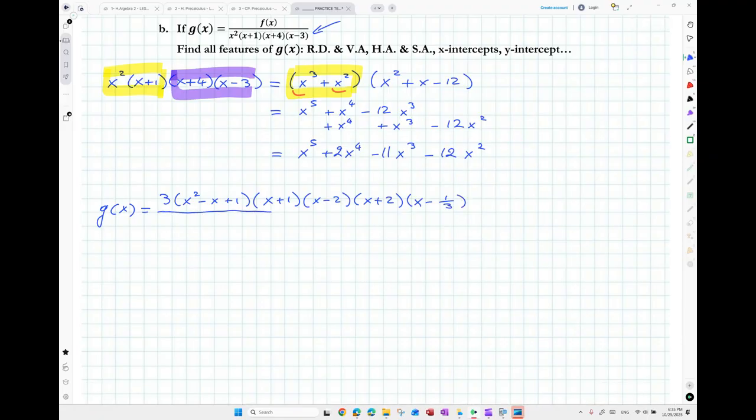And this I will divide by the denominator given, x squared times x plus 1 times x plus 4 times x minus 3.